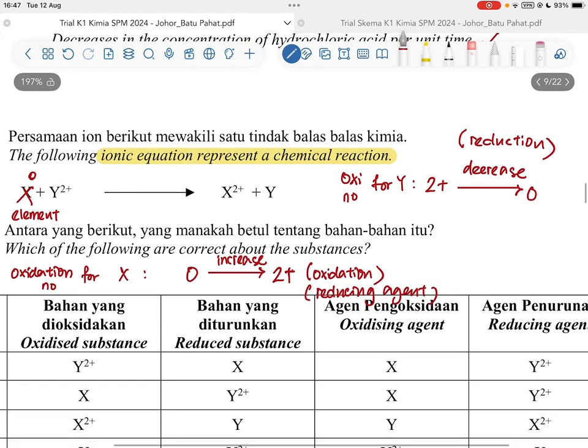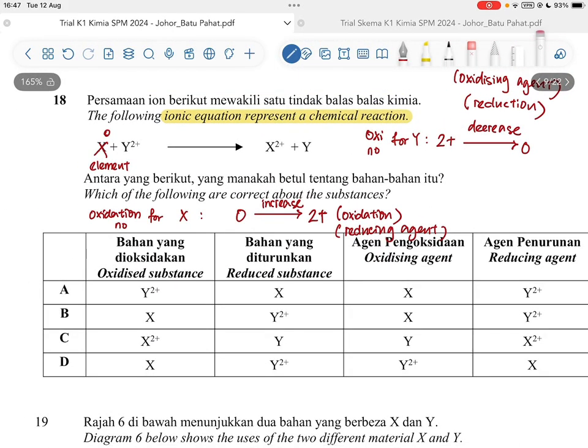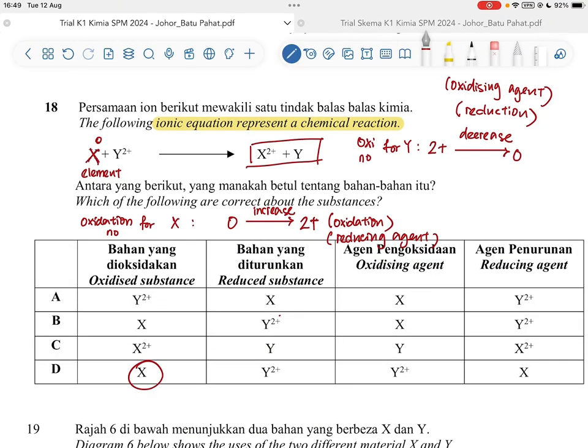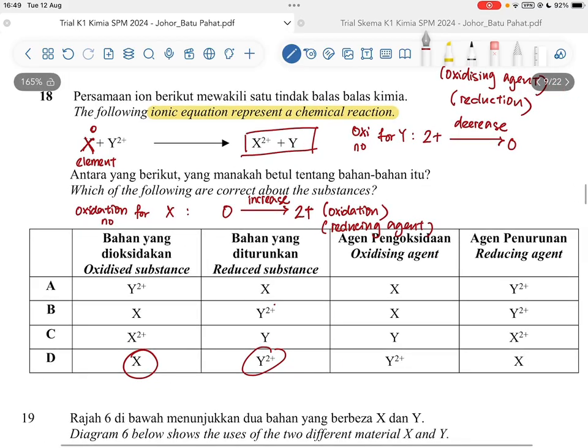So Y undergoes reduction, meaning it is an oxidizing agent because it oxidizes the other substances. The oxidized substance becomes X2 plus, and Y2 plus undergoes reduction because it becomes Y. So the oxidizing agent would be Y2 positive, and the reducing agent would be X.